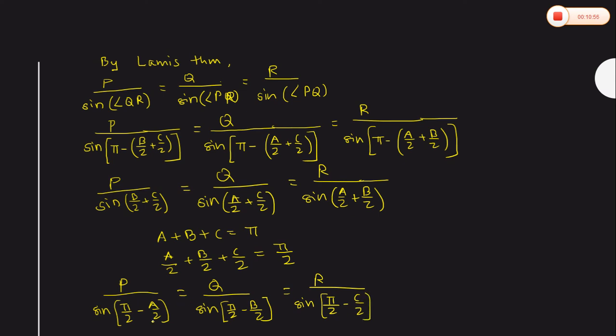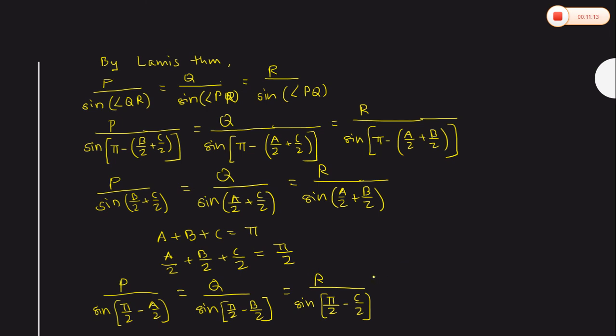Now this is a compound angle whose first angle is an odd multiple of pi by 2, therefore it is a lambda, and it will convert sine into cos. This is in the first quadrant, therefore no issue of plus minus sign.